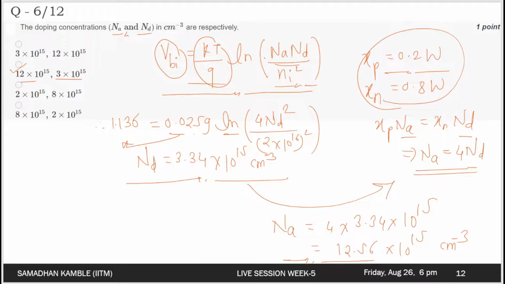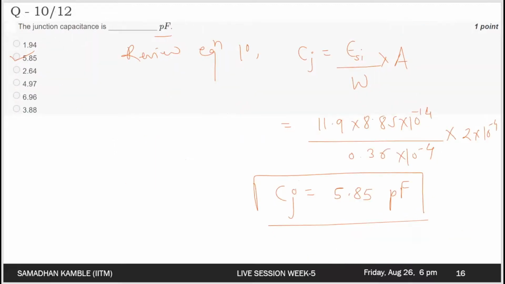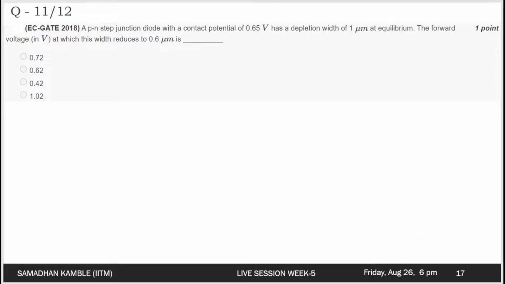Okay, so I'll go to a couple of last questions. These questions I have taken from previous GATE exams, again relevant for this particular week's content. This particular question appeared in EC GATE 2018.